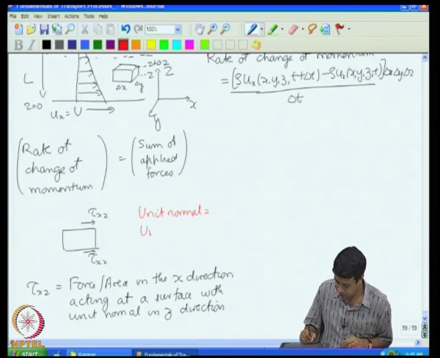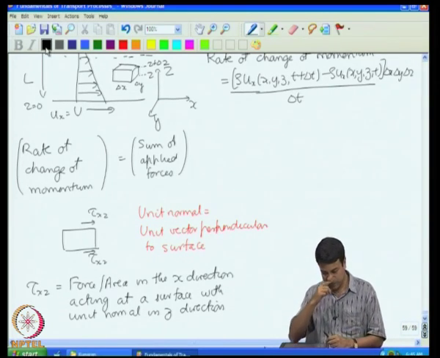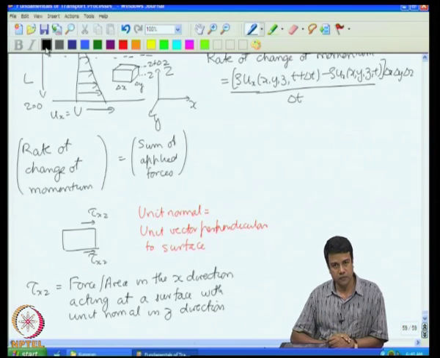The unit normal is the unit vector perpendicular to the surface. So, tau x z is the force per unit area in the x direction acting at a surface with unit normal in the z direction.